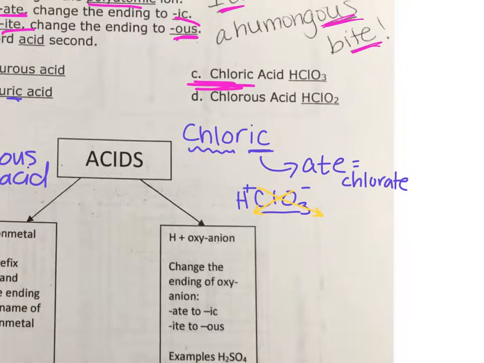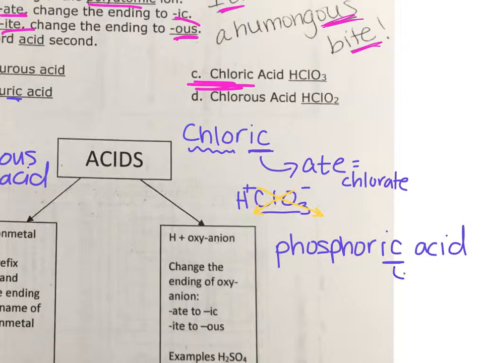All right. Okay. So let me give you one more example, even though we've already written it one time. Phosphoric acid. If I were to give you phosphoric acid, you would look at this and say, okay, it ends with -ic, so that tells me it's an -ate. This kind of sounds like phosphorus, so I'm going to look up phosphate.